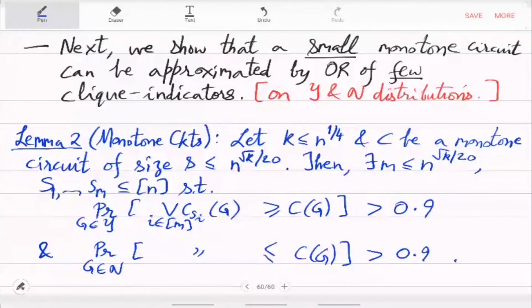So the point is that with respect to clique, we have shown that monotone circuits are approximable. That is the point. They are easy with respect to clique distributions.